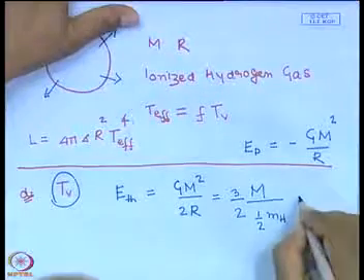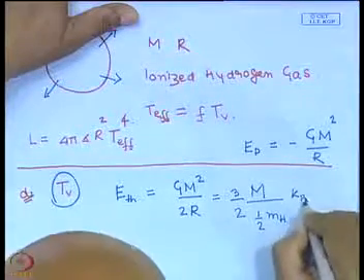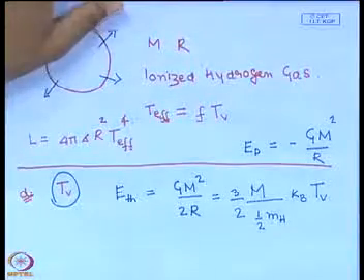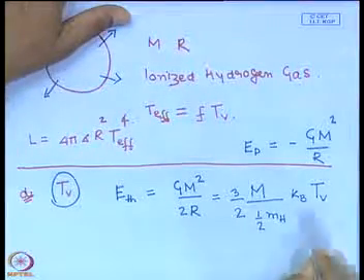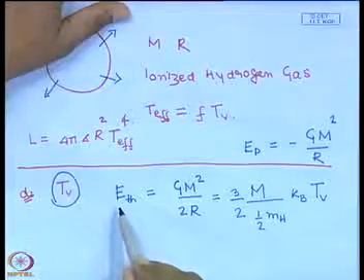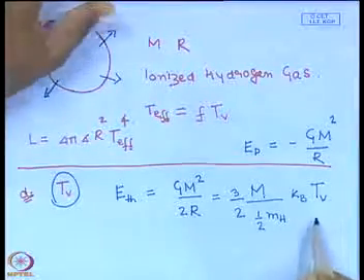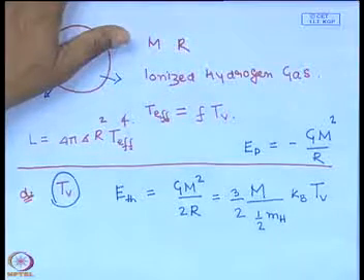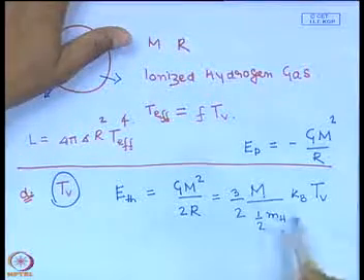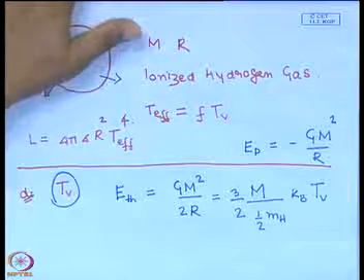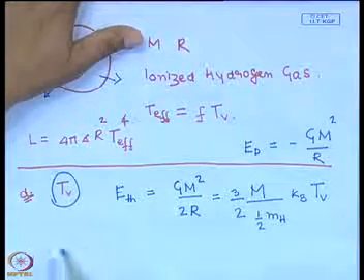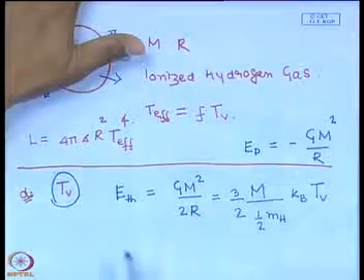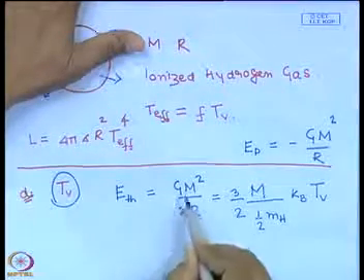So, n k, the Boltzmann constant k B into T virial, that is how the virial temperature is defined. The internal energy is written in terms of the virial temperature in this way. It is basically 3 by 2 N k B T, where N is the number of particles and k B is the Boltzmann constant. So, this straight away gives us the dependence of the virial temperature on the mass and the radius.